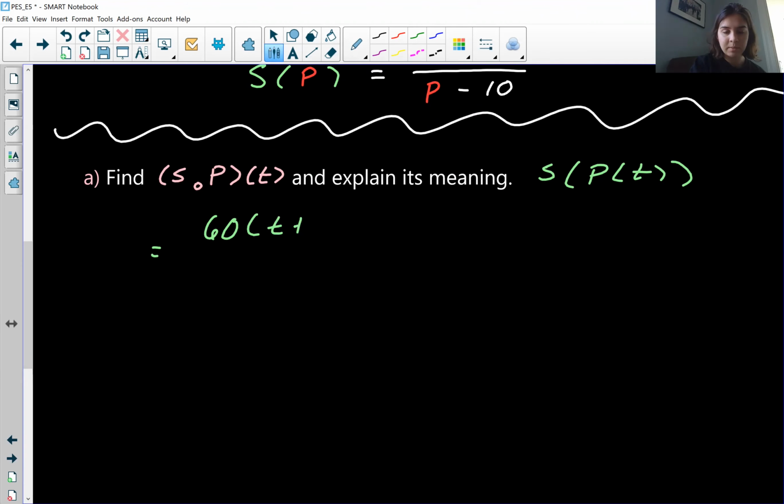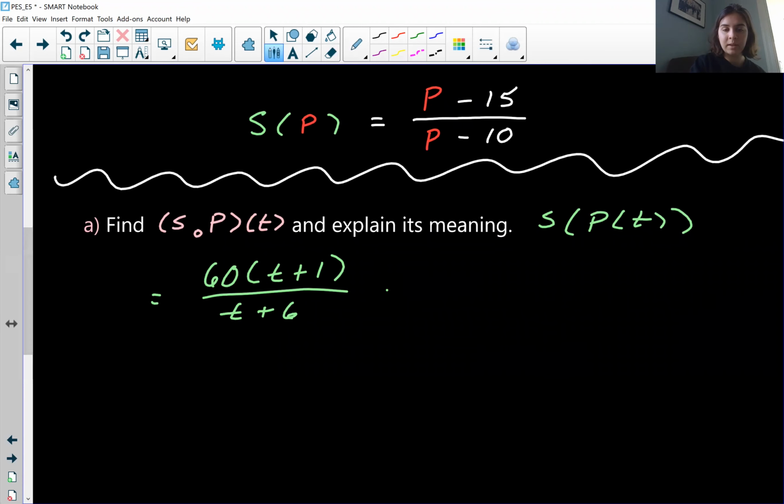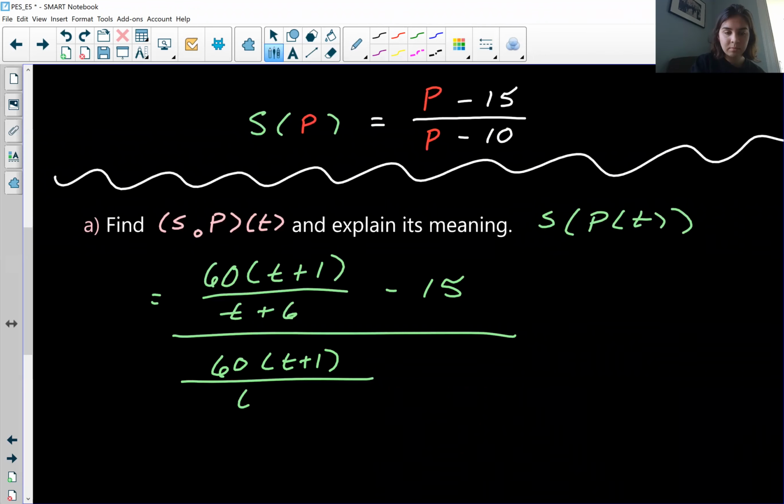So 60 times t plus 1 over t plus 6. Now you're starting to see how messy this gets. Subtract 15. And then we have to do this again on the bottom. T plus 6 minus 10.